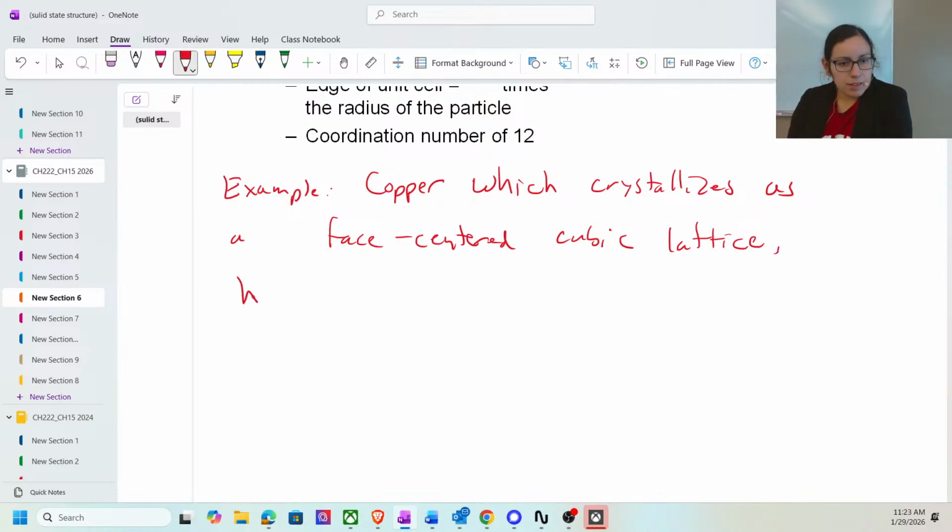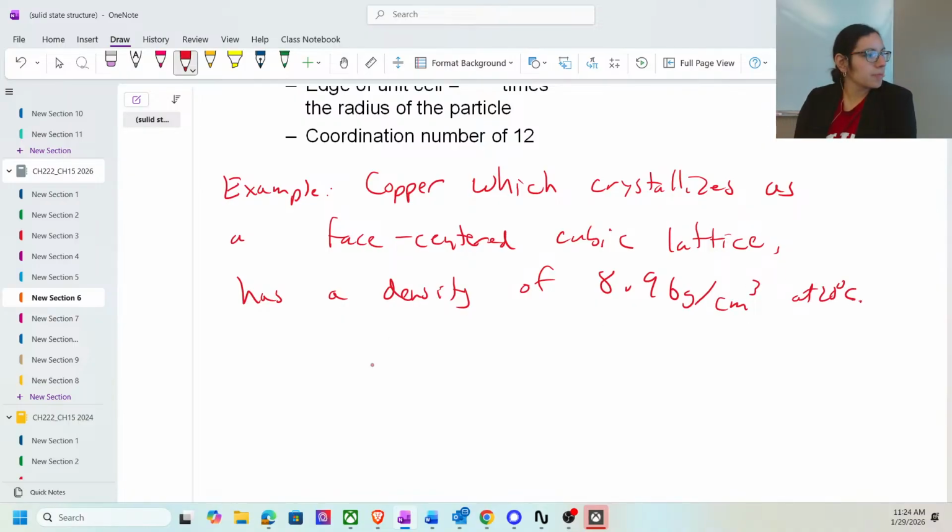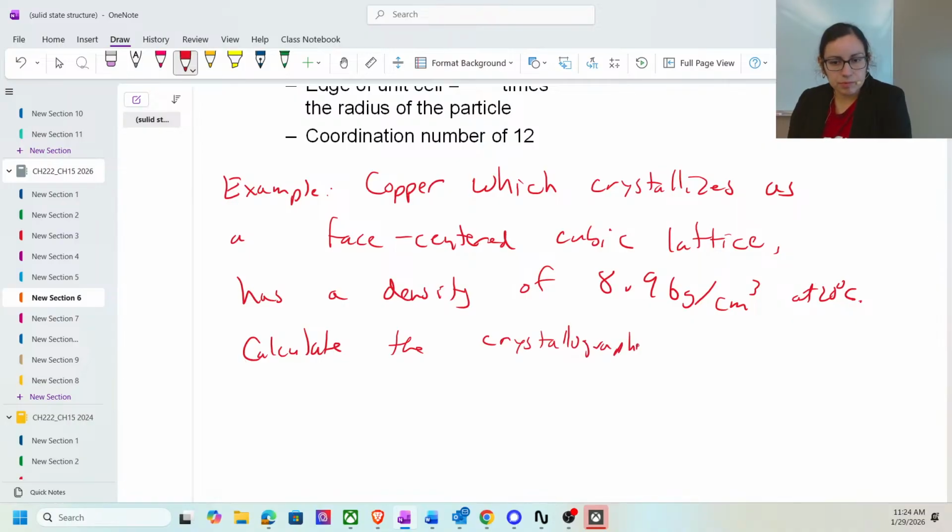And it has a density of 8.96 grams per centimeter cubed at 20 degrees Celsius. So calculate the crystallographic radius of the copper.